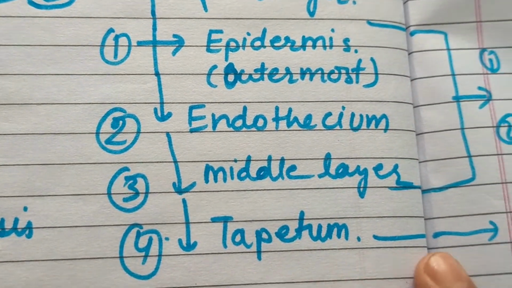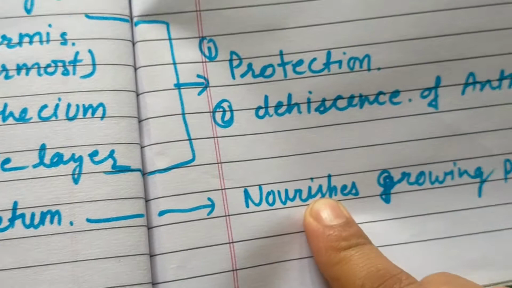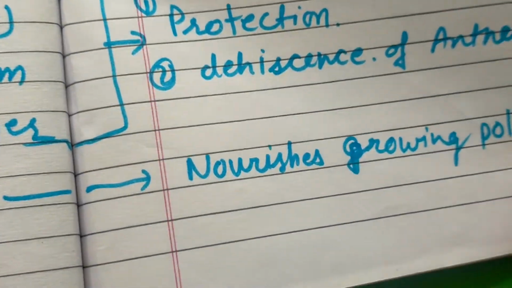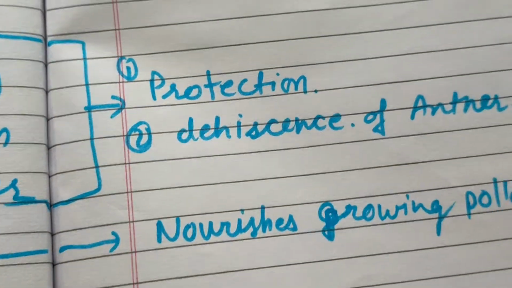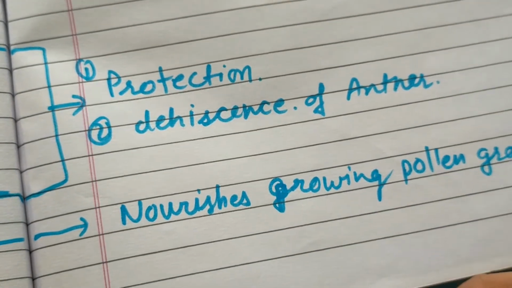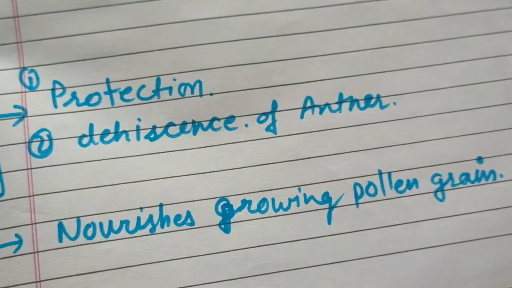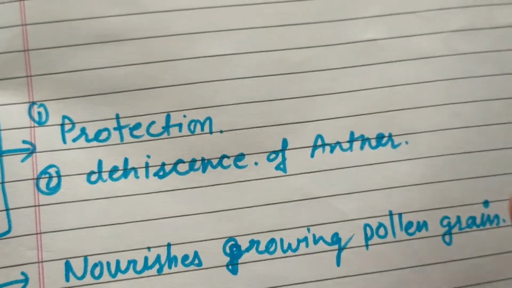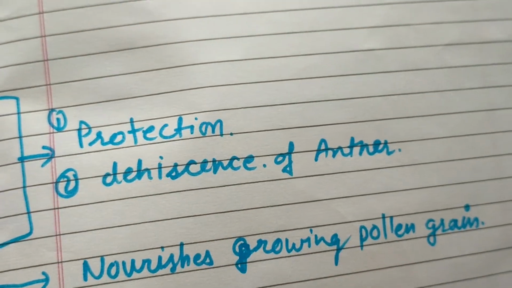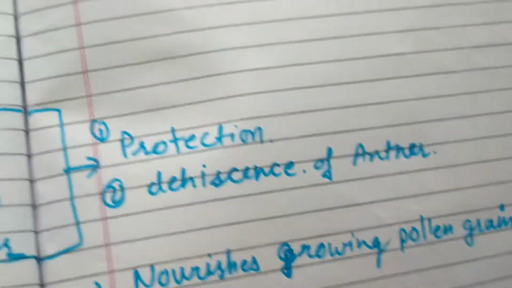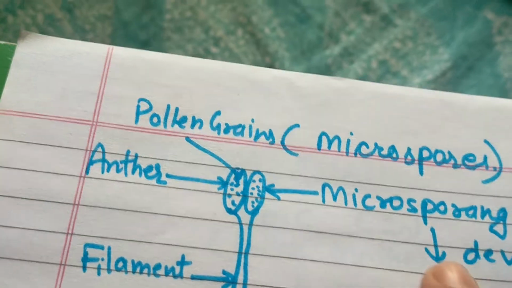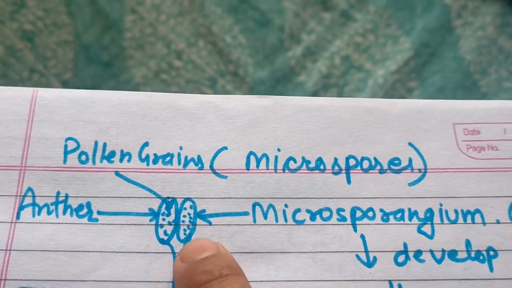Then the last one is the tapetum, and this tapetum is very important. This tapetum helps in nourishing the developing pollen grain, as you know very well, because we are studying about anther. So anther contains pollen grain inside it. As I told you, the microsporangium contains microspores inside it.